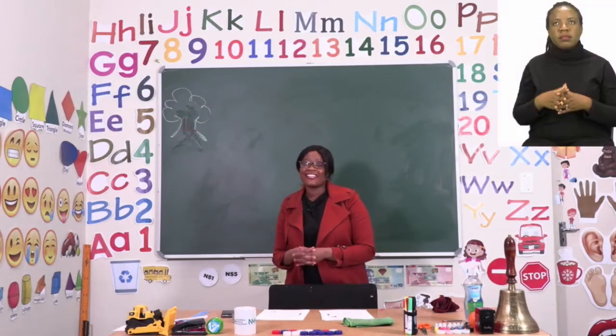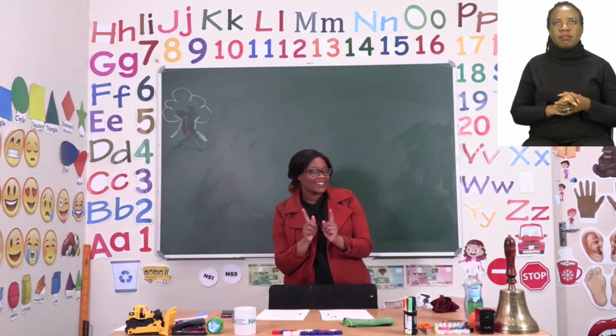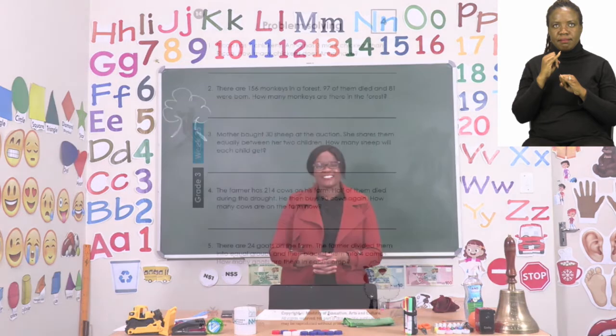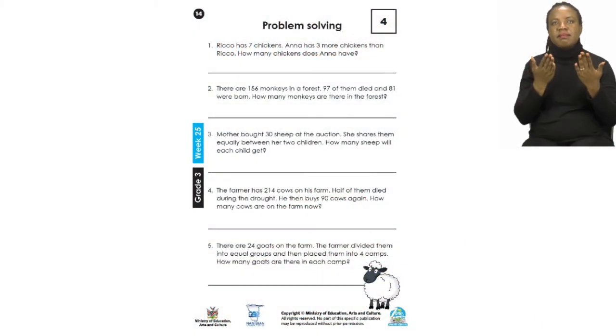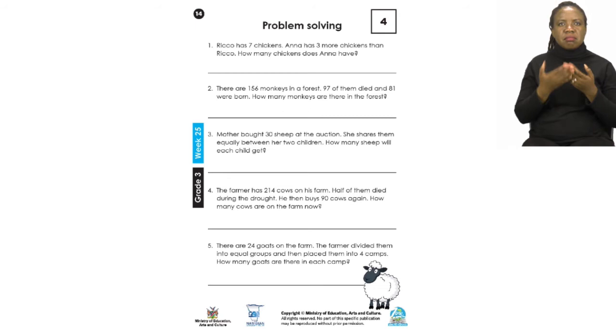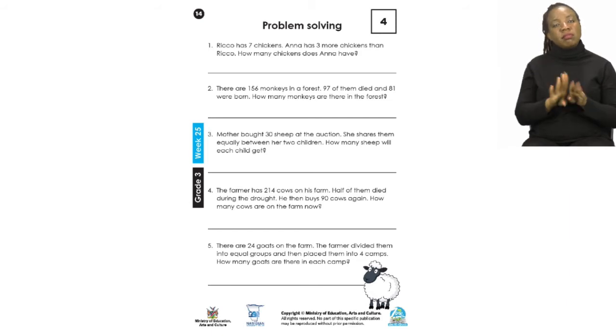Now, boys and girls, let us go to the last part of our lesson today on page 14. On page 14, we are going to be doing problem-solving sums. Now today, we are going to do the last one together. But before we do that, I would like us to remember how we actually solve the problems. The first thing we need to do is read a problem twice.